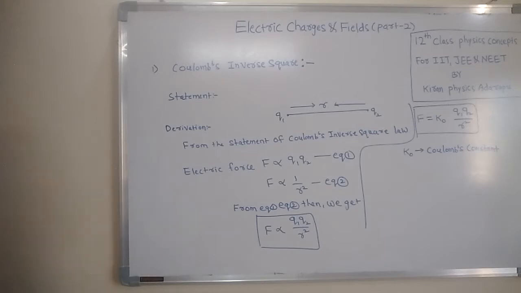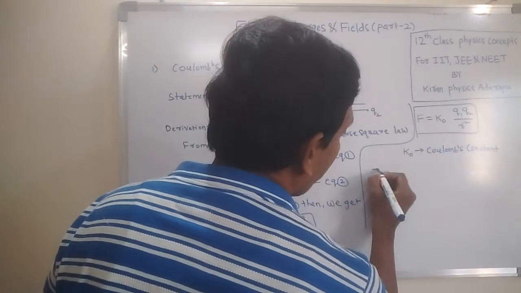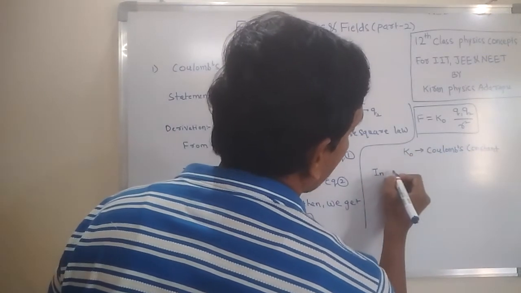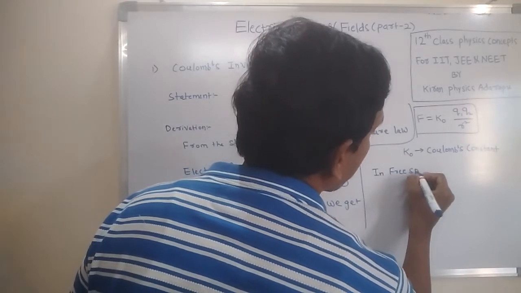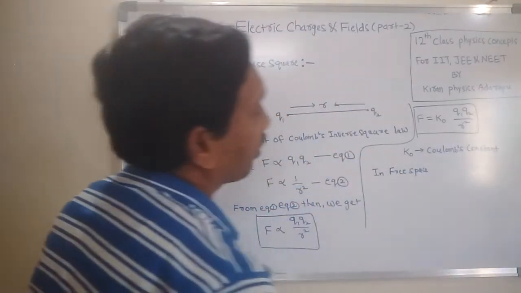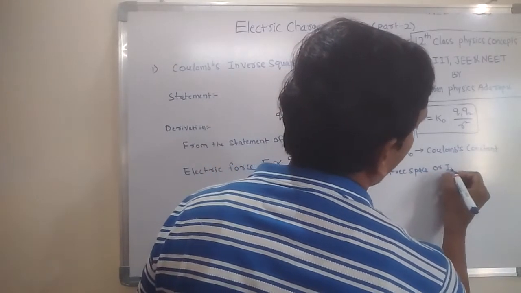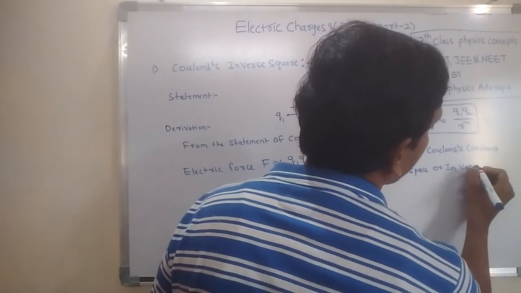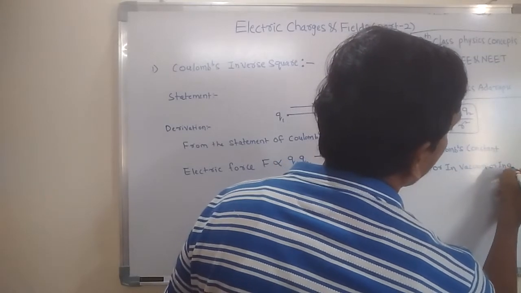In this free space, if any two charges are separated by some distance, then what is the electric force equation? Listen to me here. In free space, the expression is, in free space, or in vacuum, or in air medium.